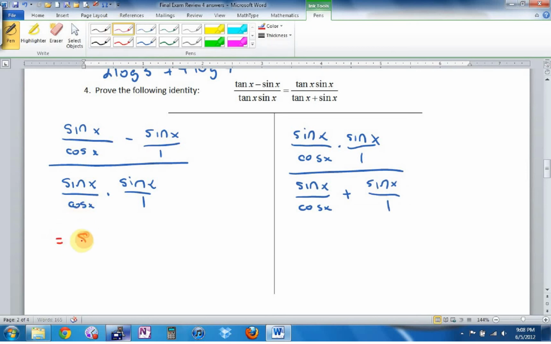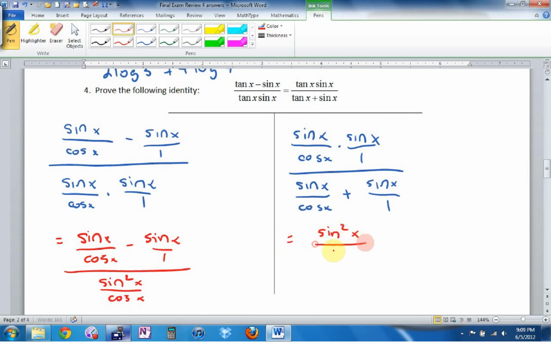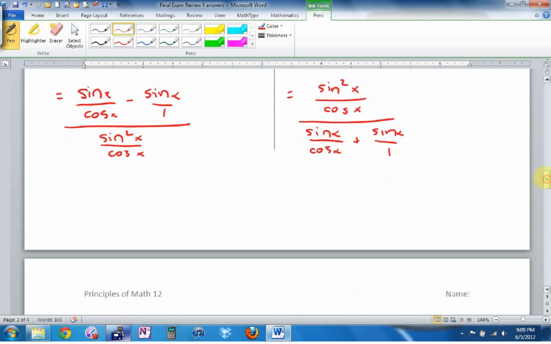So sine x over cos x minus sine x over 1 all over sine squared x over cos x. And this one's going to be sine squared x over cos x all over sine x over cos x plus sine x over 1. Holy smokes, I'm running out of room here. I might have to go smaller. We'll see.